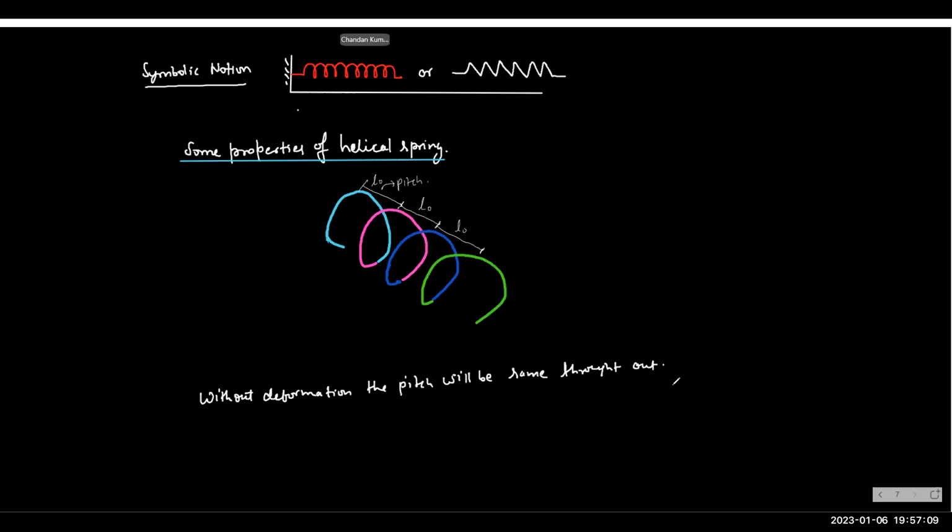It means between any two successive coils, the pitch length will be same everywhere. So without deformation, the pitch length will be same throughout. But if you deform, then the pitch length will vary.